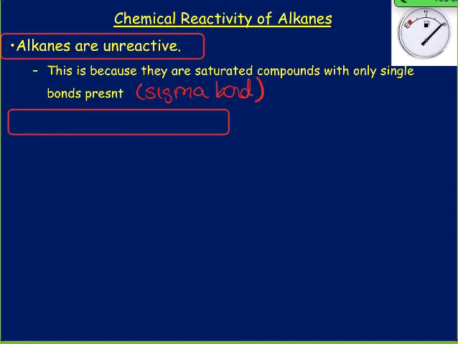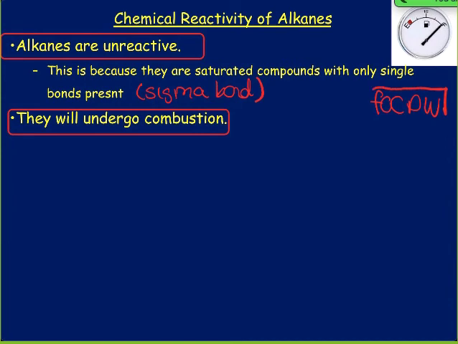But what they will do is undergo combustion. Now, can I use the FOCDW to help me write my combustion equations? Can anyone figure out what the letters are supposed to be?